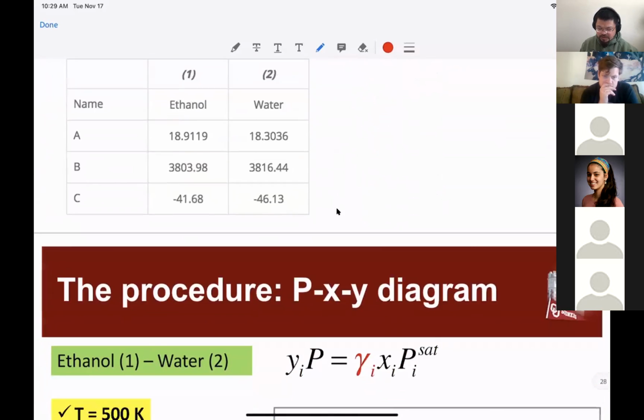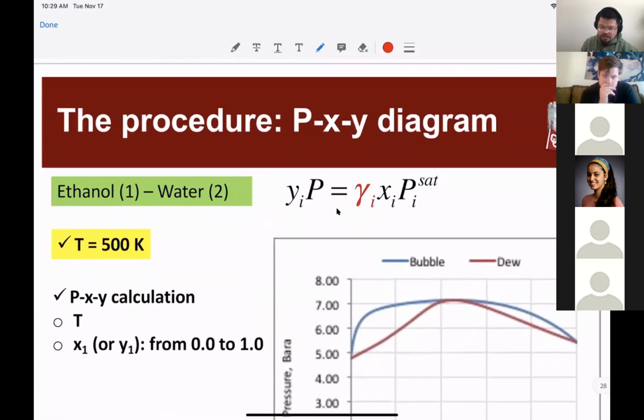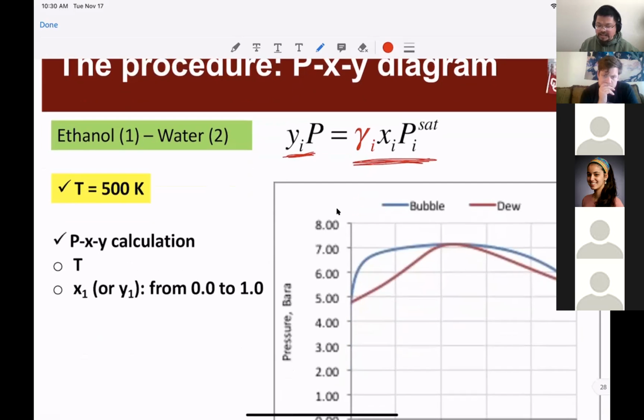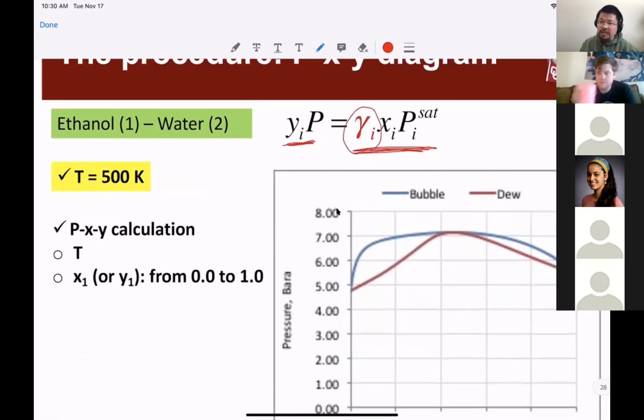So we are still trying to stick with vapor liquid equilibrium, but we are moving to the upper level. We cannot assume Raoult's rule, especially for the liquid phase. Now we need to calculate the liquid as a non-ideal mixture. If this is the case, then I have to calculate the activity coefficient.